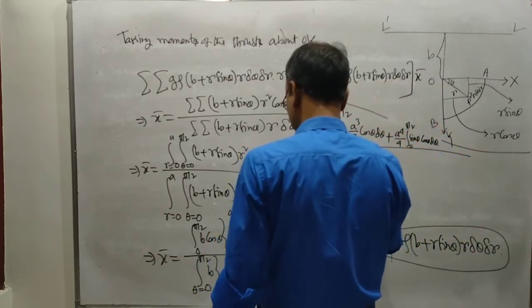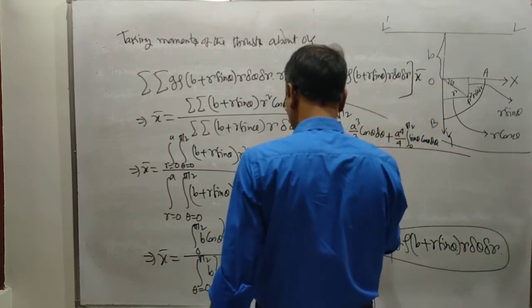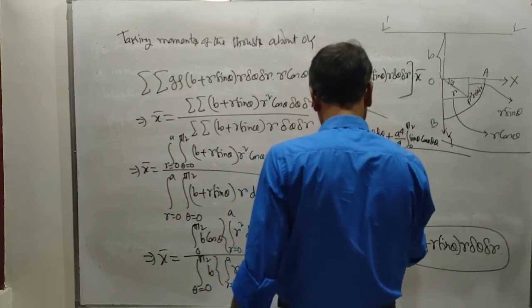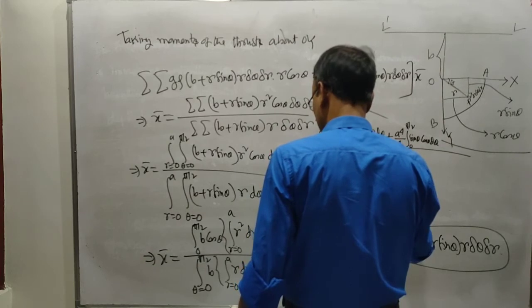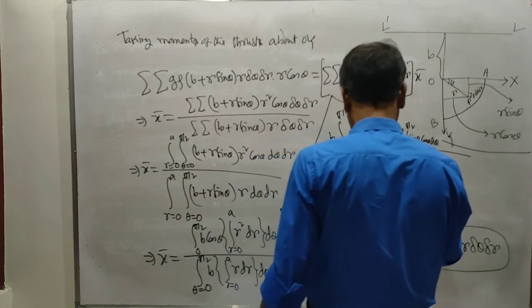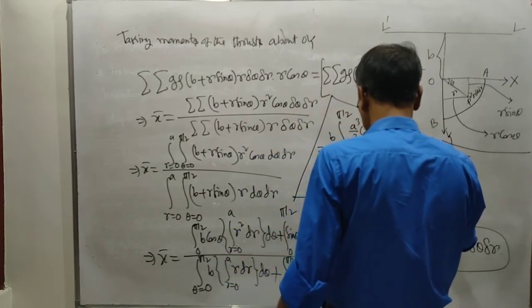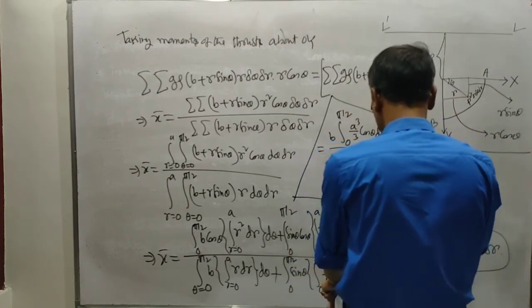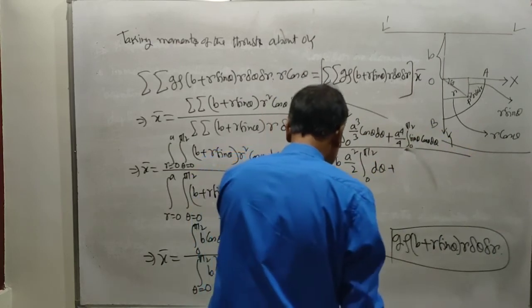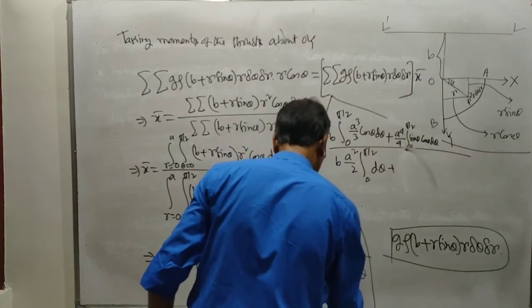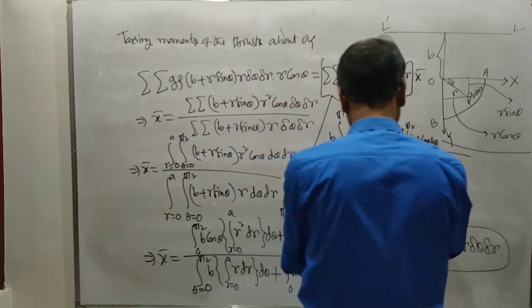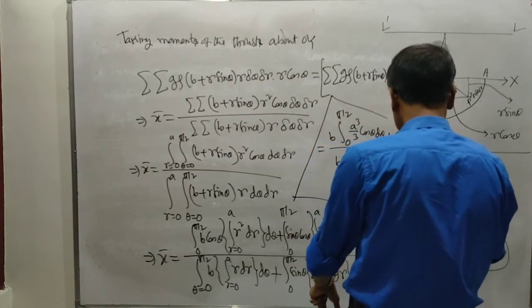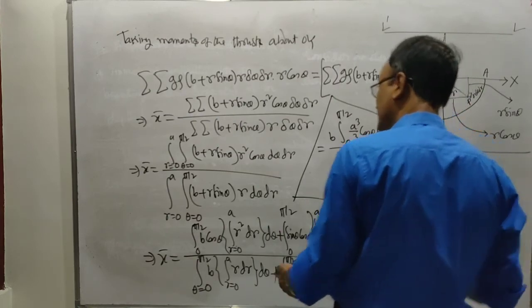In the denominator it is b a square by 2, 0 to pi by 2 d theta, plus 0 to a, a cube by 3, 0 to pi by 2 sin theta d theta.